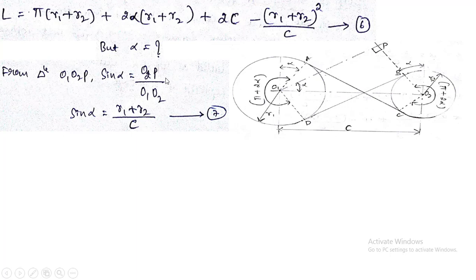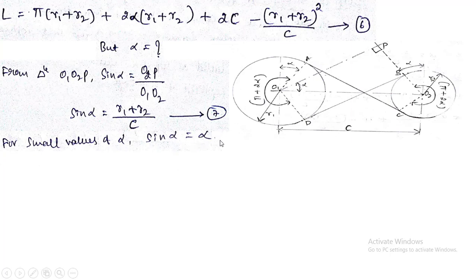So O2P, again you all know that O2P is a summation of O2B and BP. O2B is the same as R2, and BP is the same as R1. So O2P is equal to R1 plus R2, and O1 O2 is the center distance between the two pulleys. I will write that as C here. I will call this equation number 7. But you all know that for smaller values of alpha, sin alpha will be treated as alpha only.